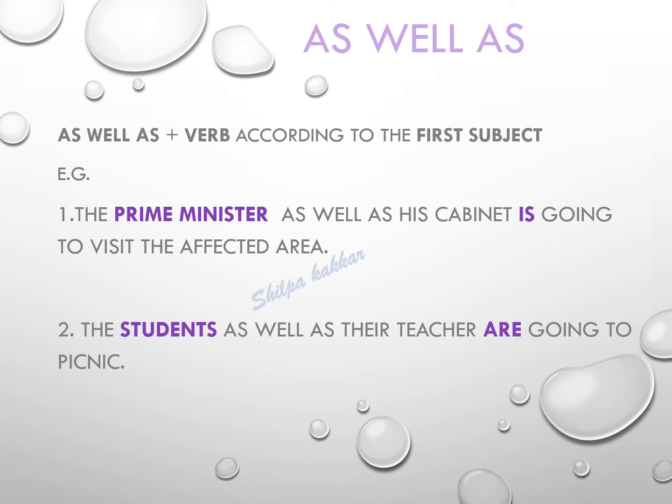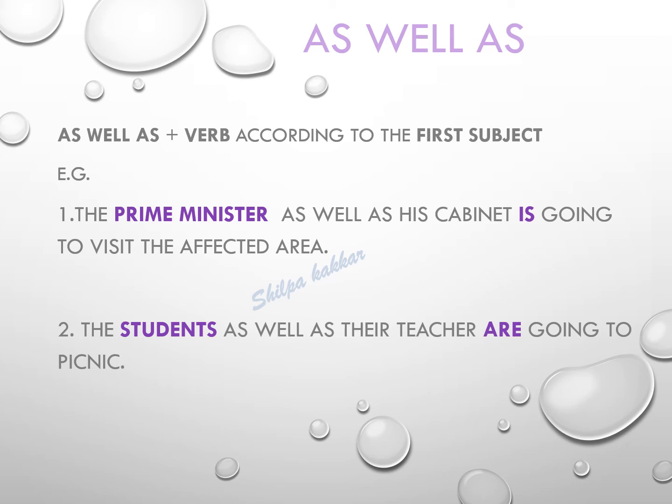Let me explain with an example. The Prime Minister as well as his cabinet. Cabinet is plural, but we are talking about the Prime Minister. We are not talking about Prime Ministers. Here, Prime Minister, the first subject, is singular, and that is why we have used is.